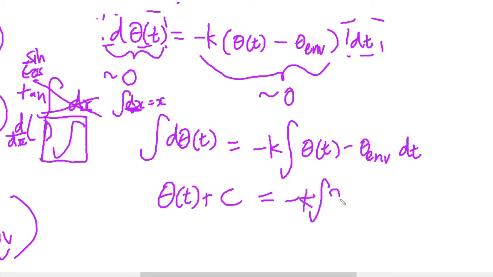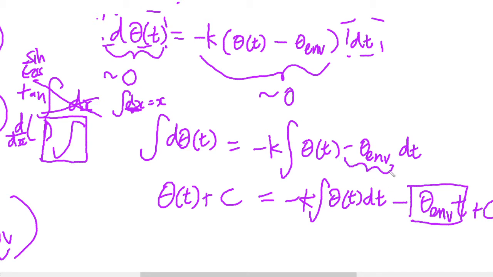well, the integral of theta t with respect to t minus theta environment times t plus c. And this comes from the integral of minus theta env with respect to time, where theta env, the temperature of the environment, is constant.